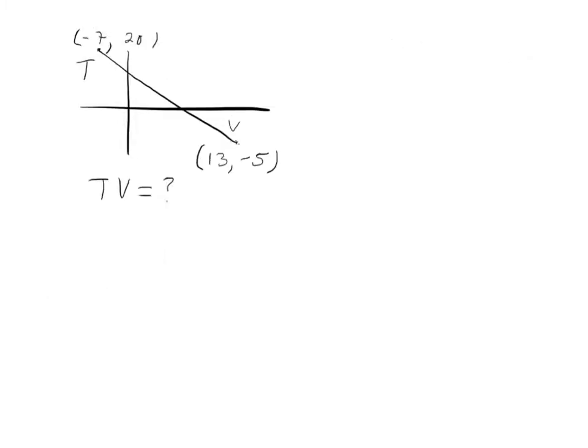So one example here, suppose I want to find the length of segment TV. Coordinates of T are negative 7, 20, and the coordinates of V are 13, negative 5.